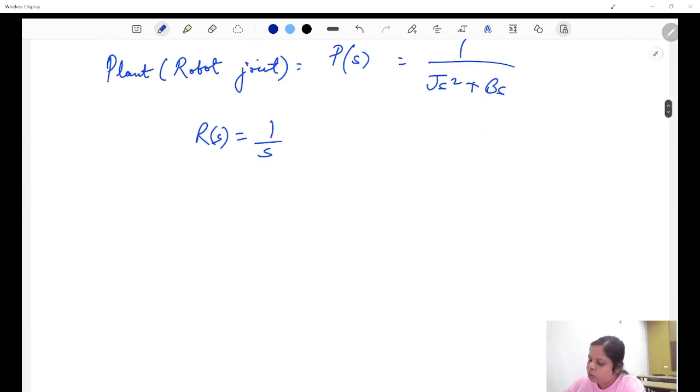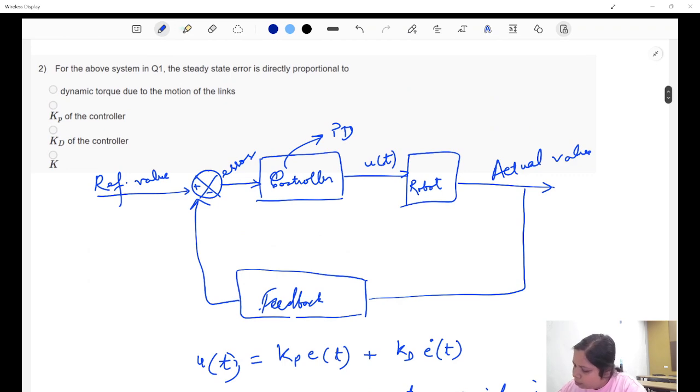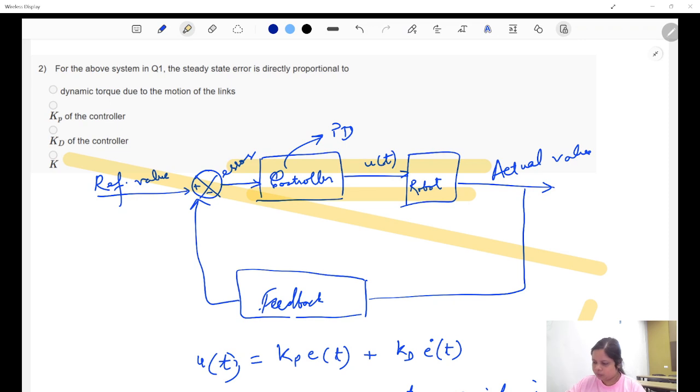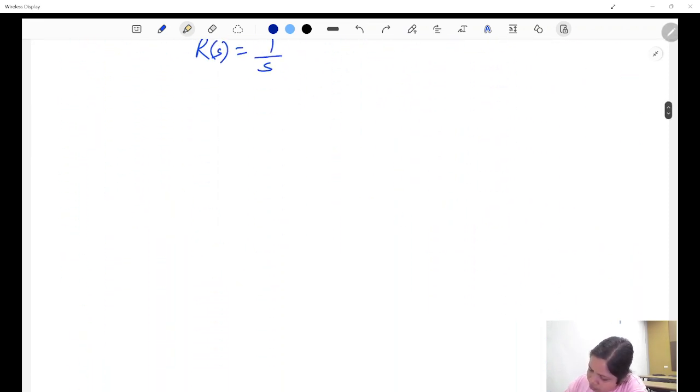So what is your open loop transfer function? Your R(s) is 1 by s, that is your reference, your C(s) is your controller, and P(s) is your plant. Let me make it clear from here. Your open loop transfer function is given by multiplication of these terms, and the closed loop transfer function would involve everything. So let's first find out our open loop transfer function.